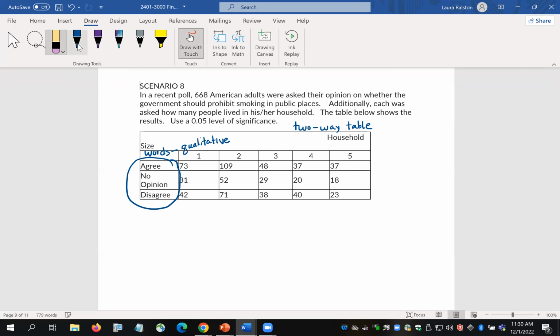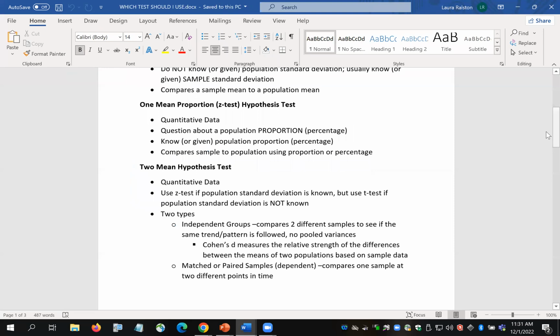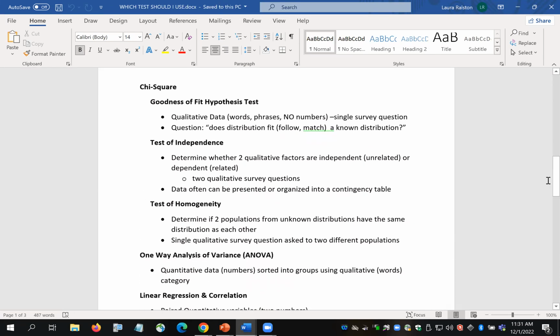But I need to decide which chi-square test it is. So if I use my document, which test or which distribution should I use? And I look at chi-square.